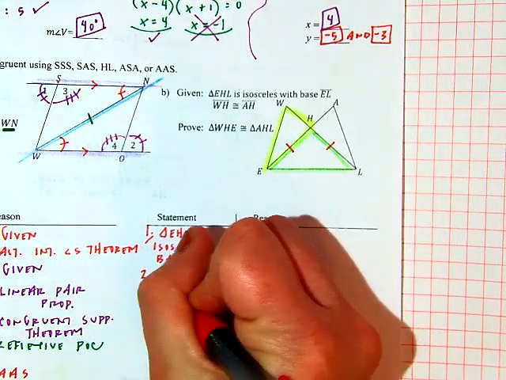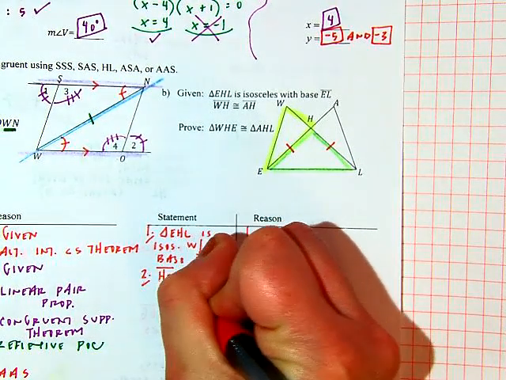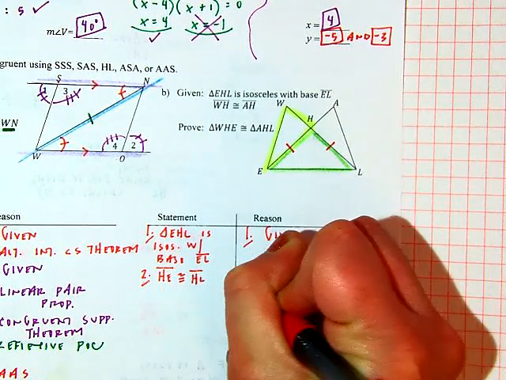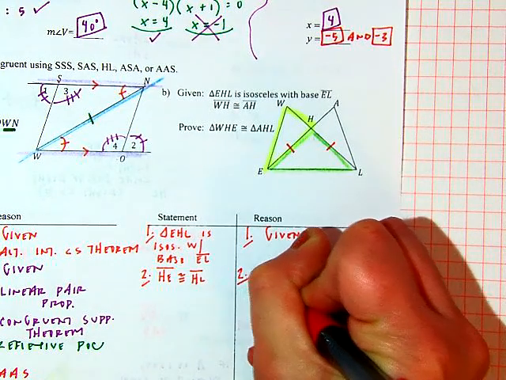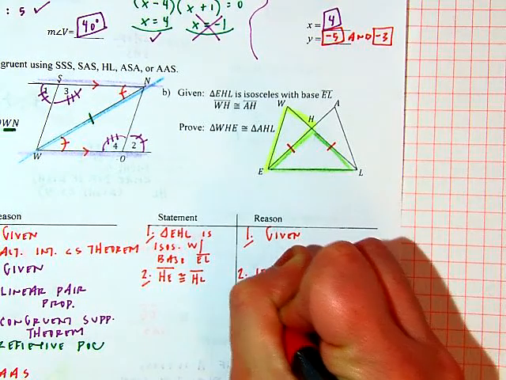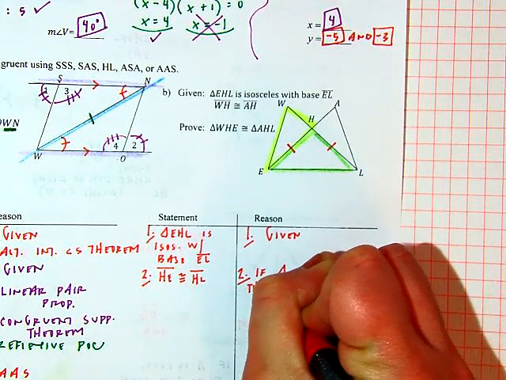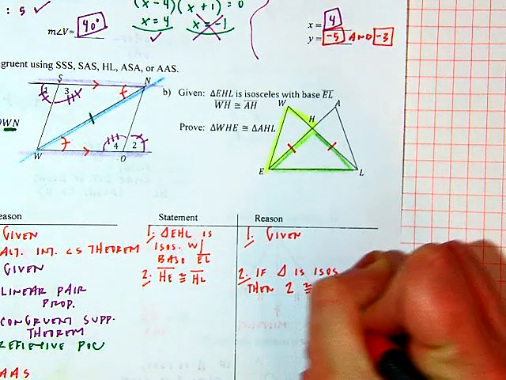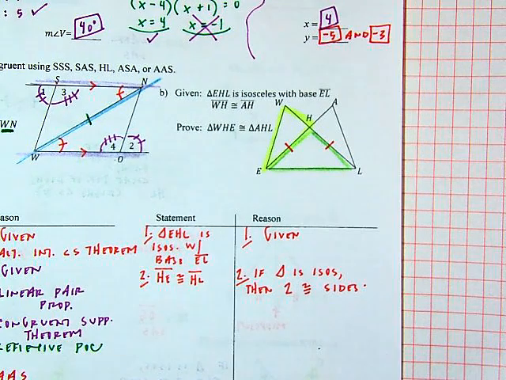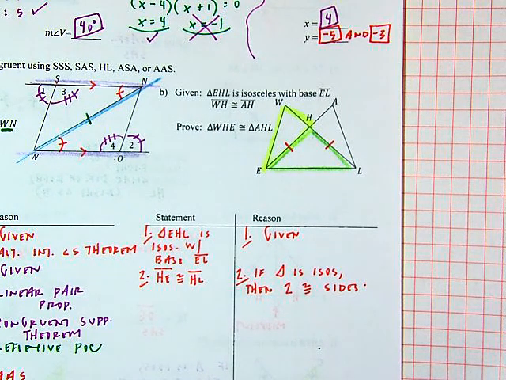So segment HE would be congruent to HL. If a triangle is isosceles, then it has two congruent sides. All right, so we have a pair of sides linked up.